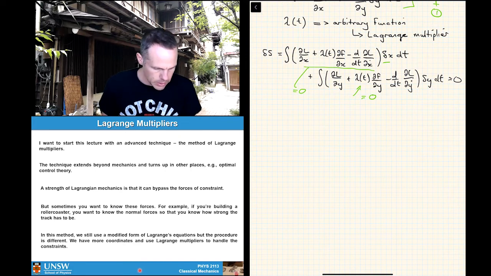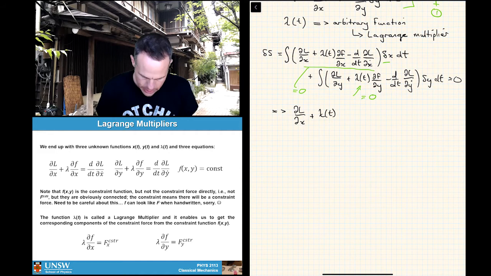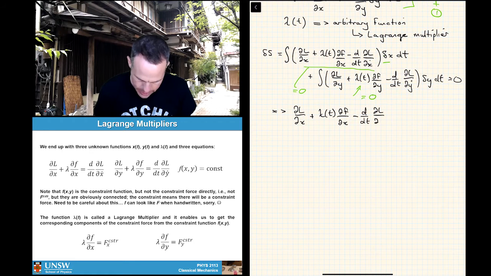So what this means basically is that we can arrange for dL/dx plus lambda of t dF/dx minus d/dt dL/dx dot to be 0.